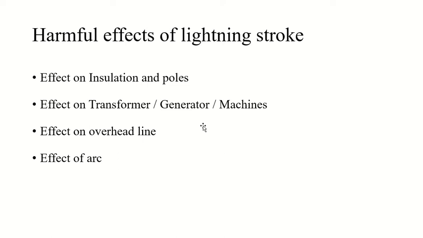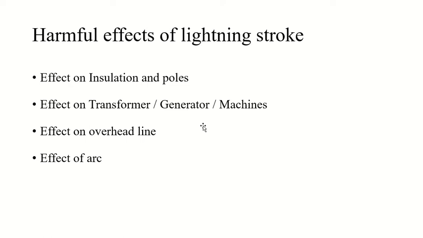If an arc is initiated in any part of the power system by any type of lightning stroke, this arc will set up very disturbing oscillations in my line. And because of that, if we don't control it quickly enough, then this may damage the equipment connected to the line itself as well.